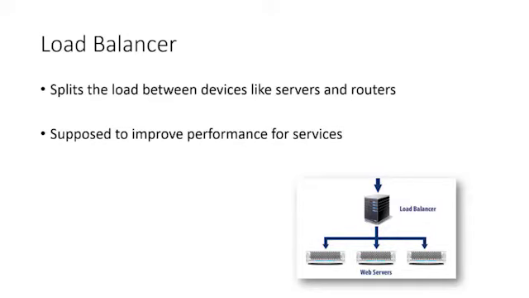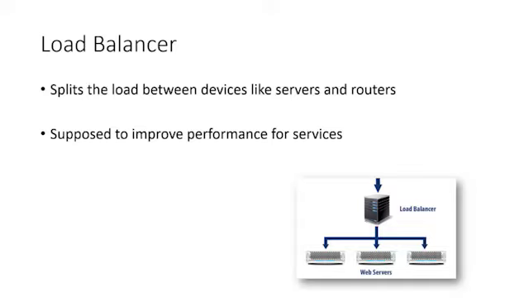We can also have something called a load balancer. Now this splits the load between devices like servers and routers, and it's supposed to improve performance for our services. Where this comes in for security is that it could help with DoS attacks or DDoS attacks, because you hit the load balancer first, and it says, okay, I'm load balancing, like in our graphic here, for 3 web servers.